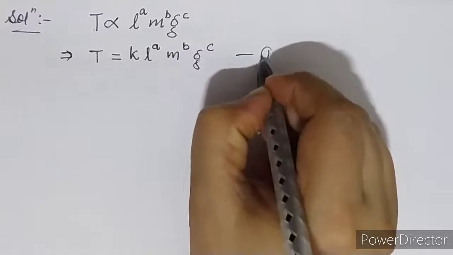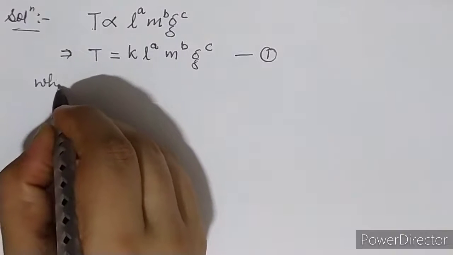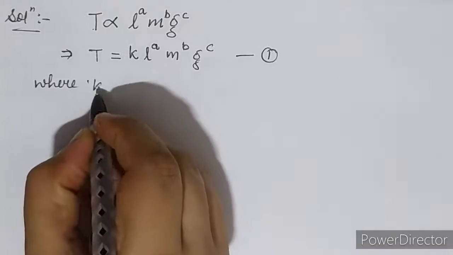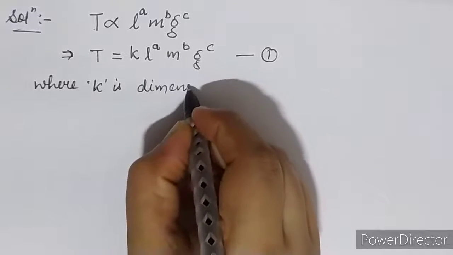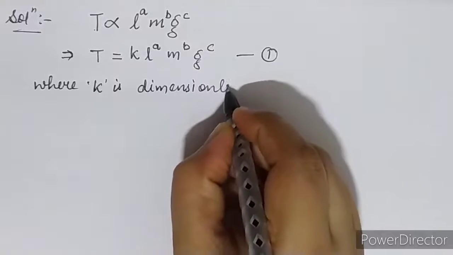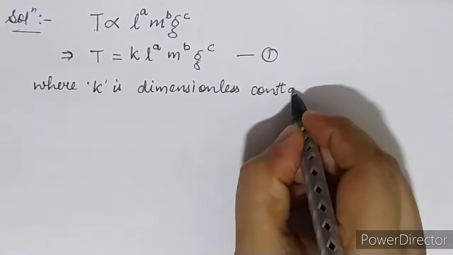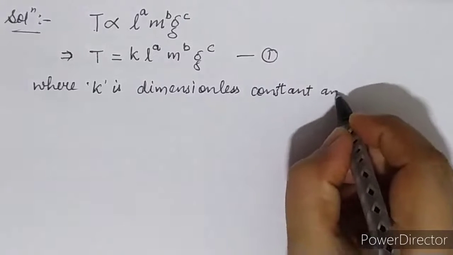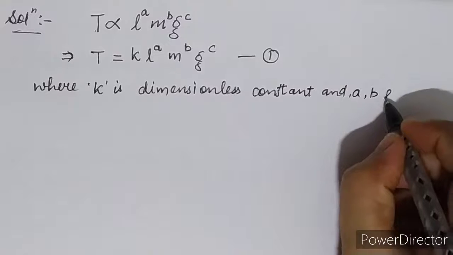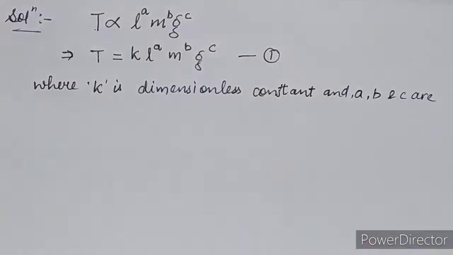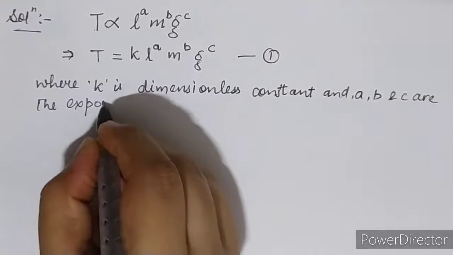This will be your equation number 1, where k is a dimensionless constant and a, b, and c are the exponents, the powers.